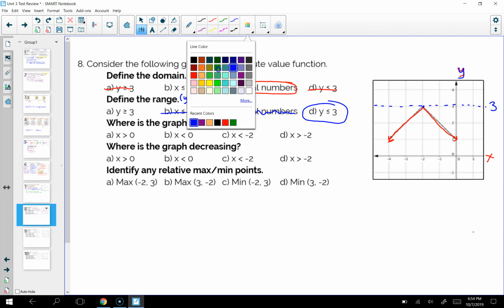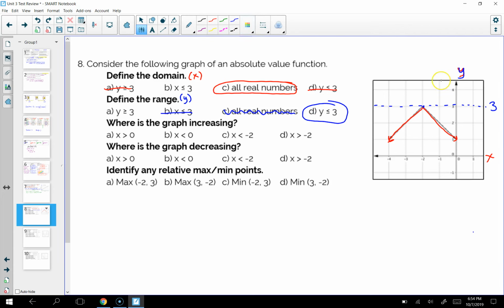Where is my graph increasing? If I were walking along, let's say here's Miss Similar, and I'm walking across this graph, I am first going to be increasing, going up the hill. Where is this happening? My options are x's bigger than 0, x's less than 0, less than -2, bigger than -2.